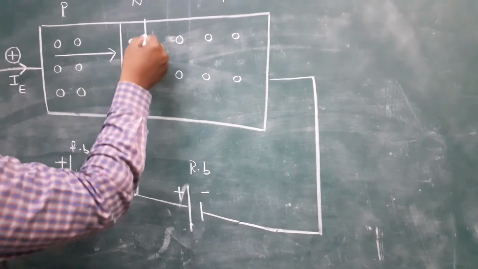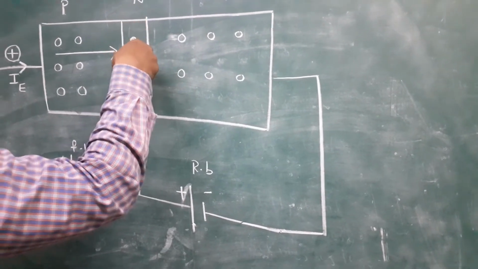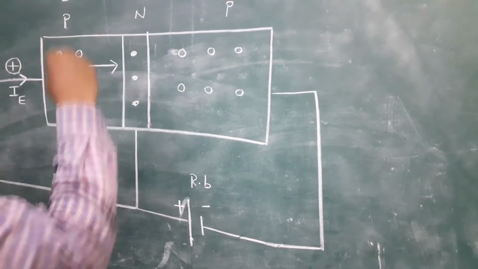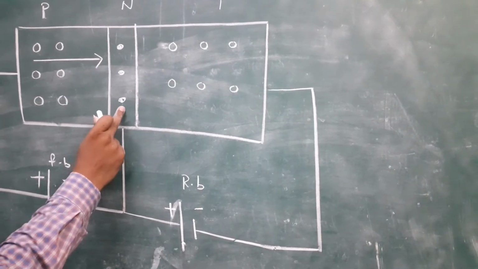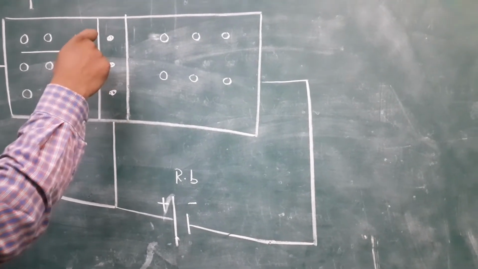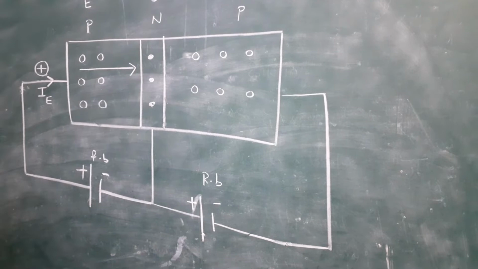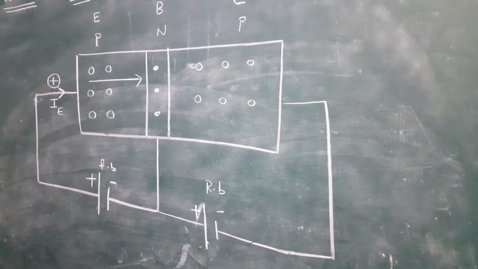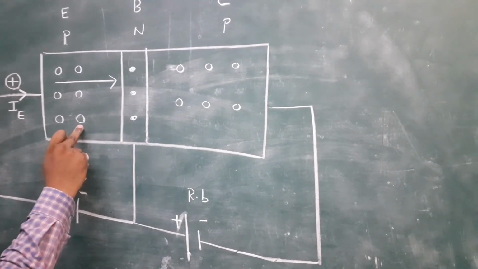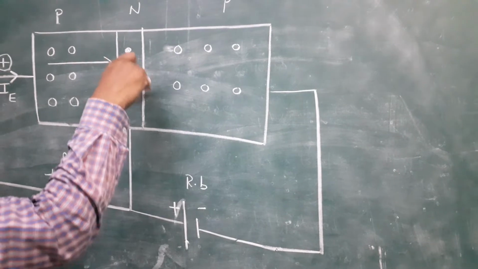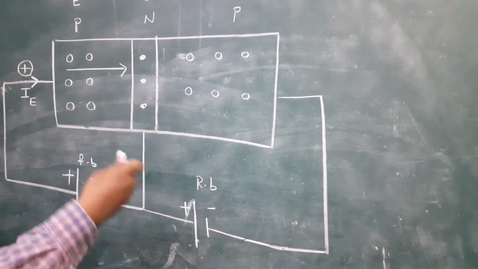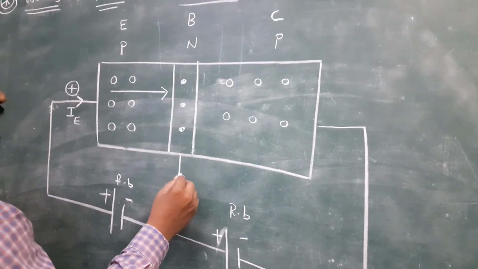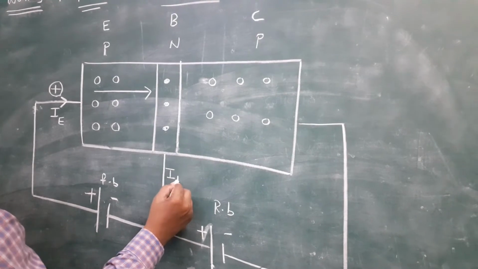These holes enter into the base region. The base is lightly doped, so the electrons here are very few. Because the base is lightly doped, out of 100% of holes, less than 5%, for example 1%, 2%, 3% of holes, combine with electrons and constitute a current, the base current.